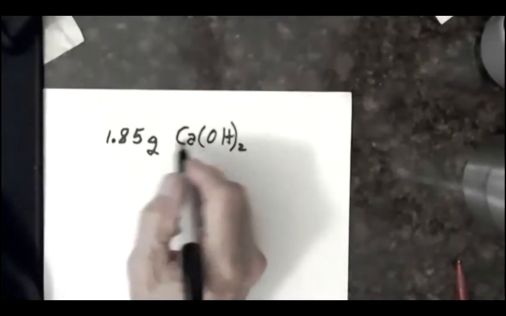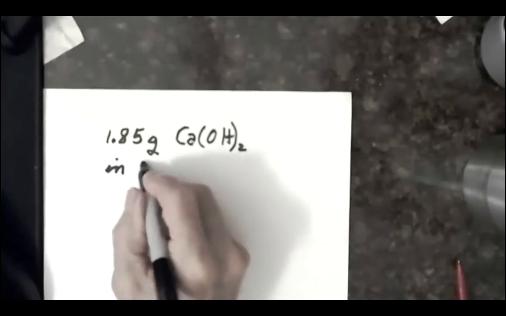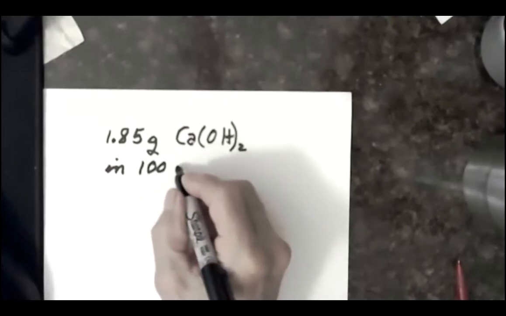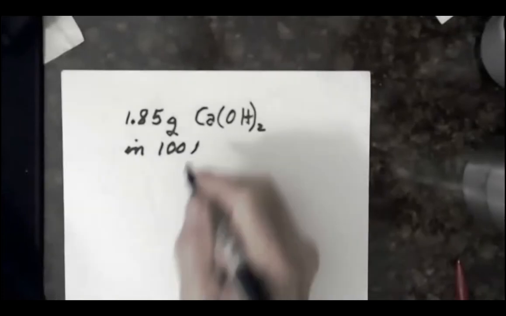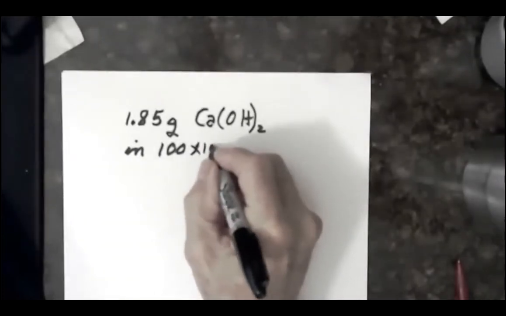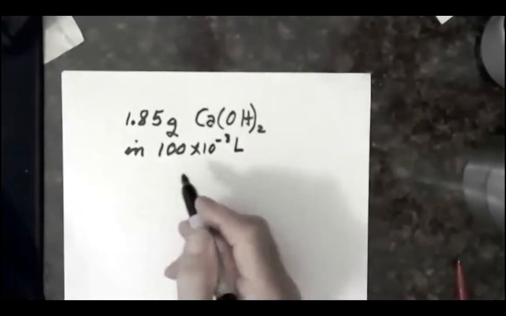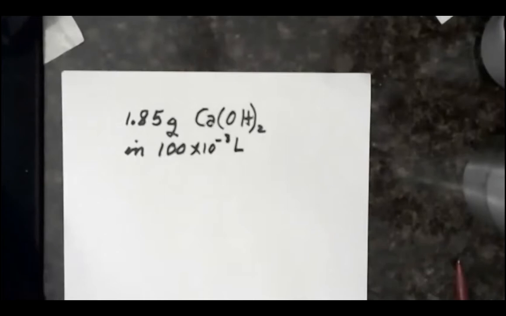Okay, so we've got 1.85 grams of that in 100 milliliters. Now I'm going to write milli as 10 to the -3. That's 100 milliliters, written like that.